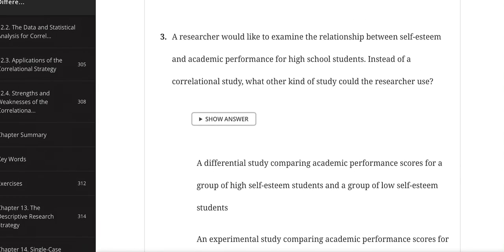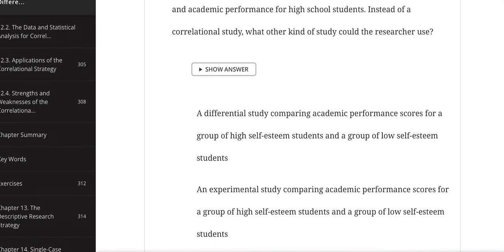A researcher would like to examine the relationship between self-esteem and academic performance for high school students. Instead of a correlational study, what other kind of study could they use? So we just talked about this example of self-esteem and academic performance. Remember the correlational study, we would just measure self-esteem, we would just measure academic performance, and we would see if there's a pattern between the two sets of measurements.